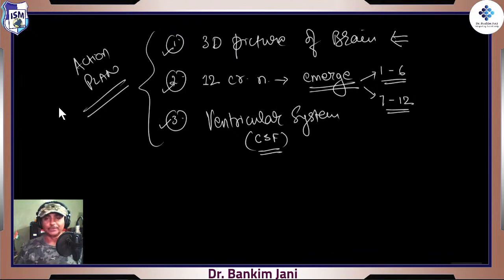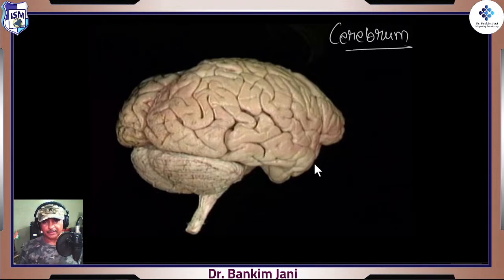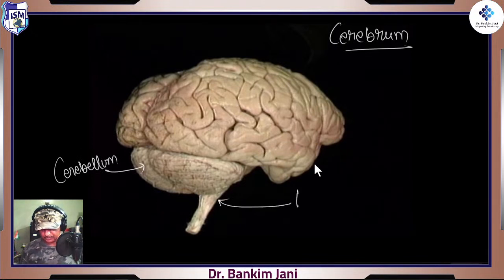All right, let's start with something known to us, and we know it very well: this is the cerebrum. And this one would be the cerebellum, the small brain. No way it's small. And this section is what we call the brainstem.